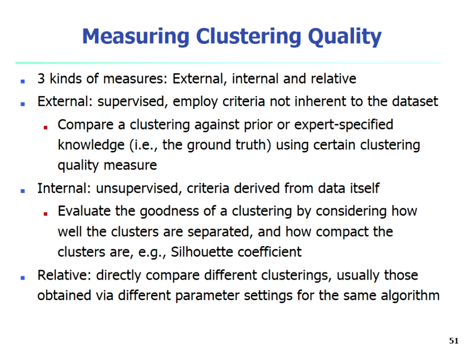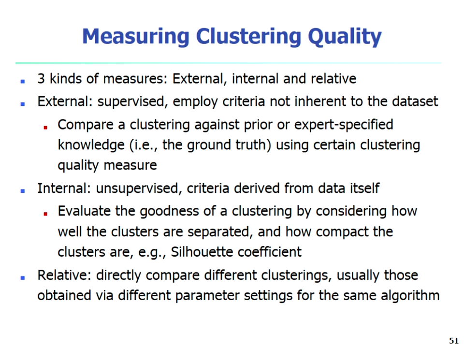Now we will discuss together how we can measure the clustering quality. There are 3 kinds of measures: external, internal, and relative. External, supervised, employs criteria not inherent to the data set.